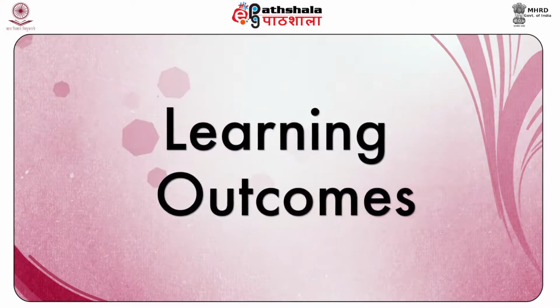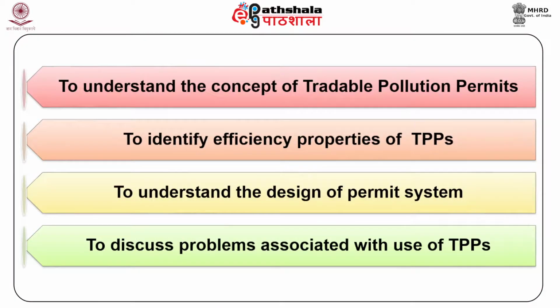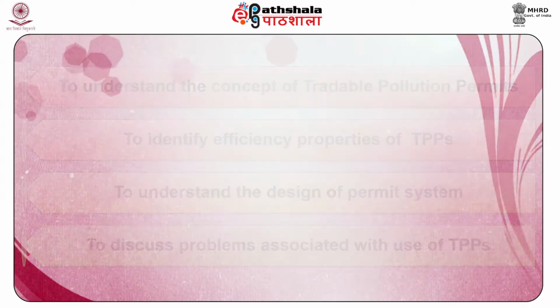After studying this module, you shall be able to understand the concept of tradable pollution permits, to identify the efficiency properties of tradable pollution permits, to understand the design of permit system and how they are allocated, to discuss the problems associated with the use of economic instruments like TPPs.